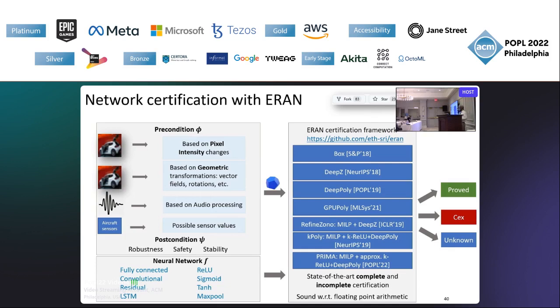They assume that everything is done in real arithmetic, and it has actually been shown that those verification guarantees can be broken by designing specialized inputs where the floating point behavior violates the real arithmetic property that they assume. So in terms of results, you can get proved, unknown, or a counterexample if you use solver-based methods.